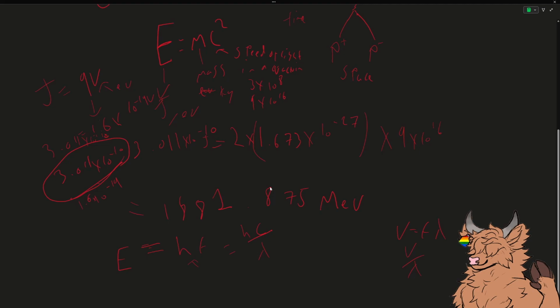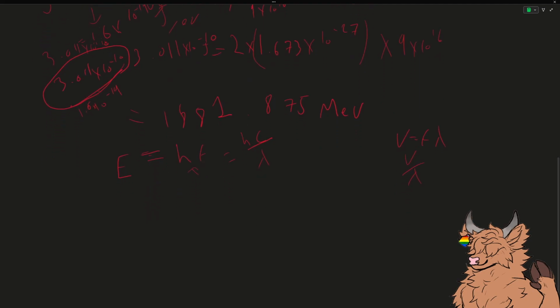Anyway, let's say I want to find, we'll go with wavelength. So wavelength equals hc over E. h is Planck's constant, which is 6.6261 times 10 to the negative 31.